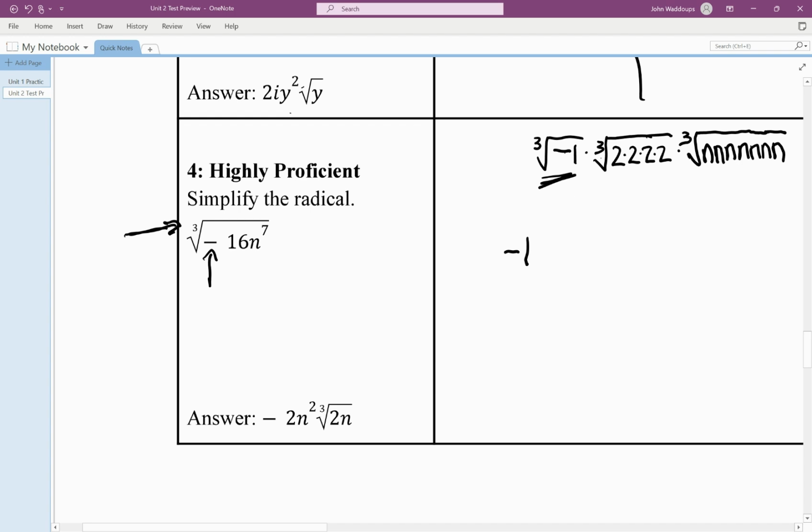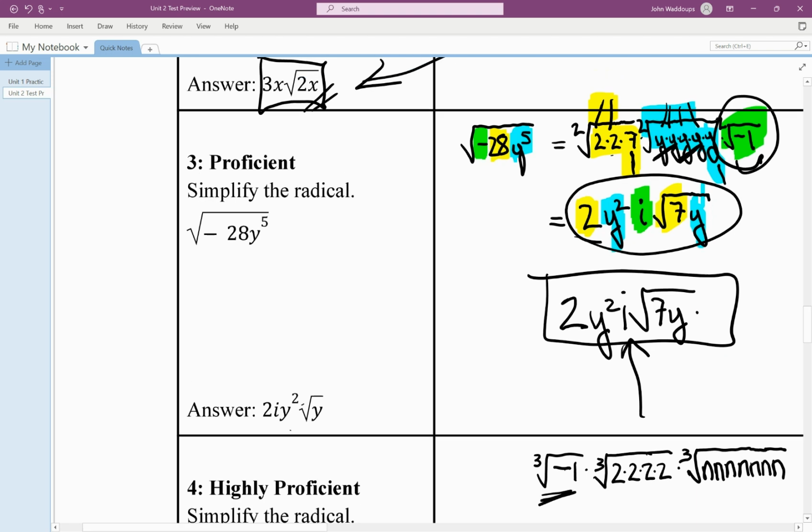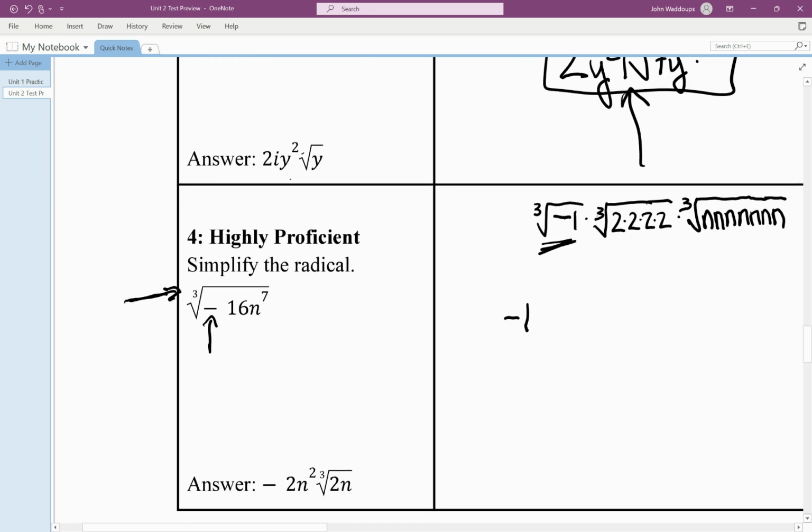And then here, because you've got the cube root of 2 times 2 times 2 times 2, instead of looking for pairs like we were up here, where 2 2s came out as a 2, here I'm looking for 3. So 2 times 2 times 2, there's 3 2s there. That's going to come out as a 2. So times 2. This 2 here is going to stay under the radical. And here I'm looking for groups of 3 n's.